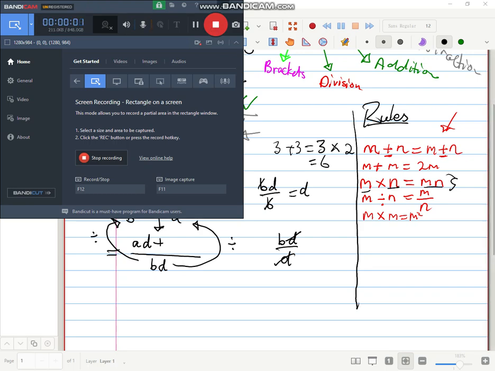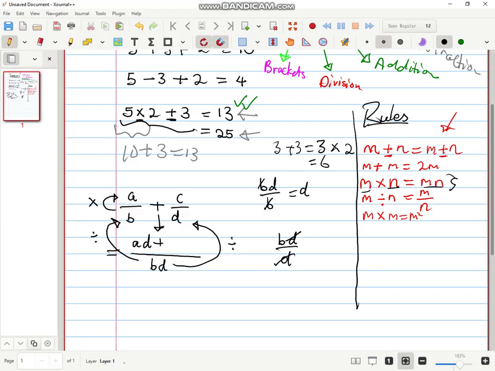So now that we said bd all over d, we are left with b. We take the b, we multiply it with the c. Then you have bc here.